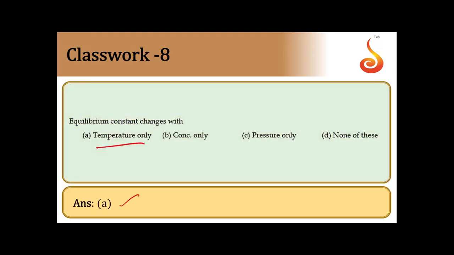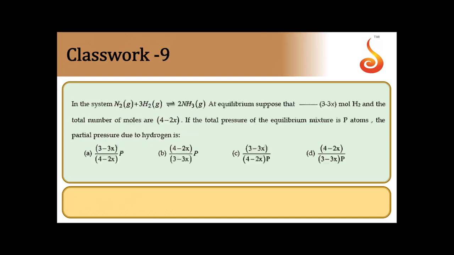Depends on the temperature. Then the ninth one. In a system N2 plus 3H2 giving rise to 2NH3, suppose at equilibrium we have 3 minus 3x moles of H2 and the total number of moles is 4 minus 2x. If the total pressure of the equilibrium mixture is P atmospheres, what is the partial pressure of hydrogen gas?